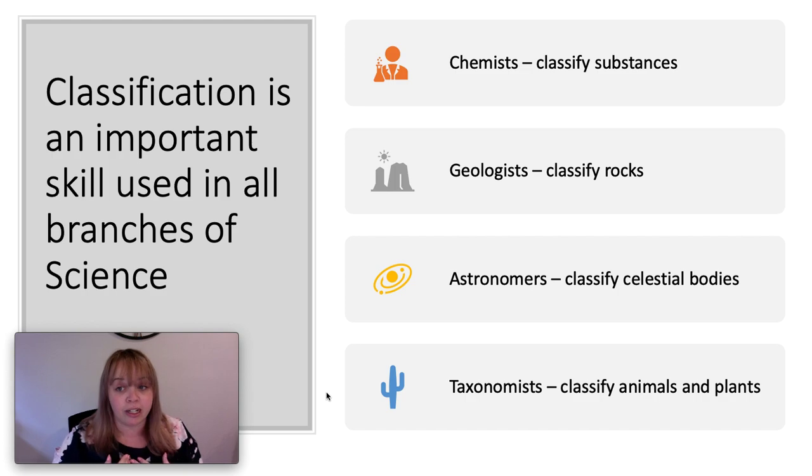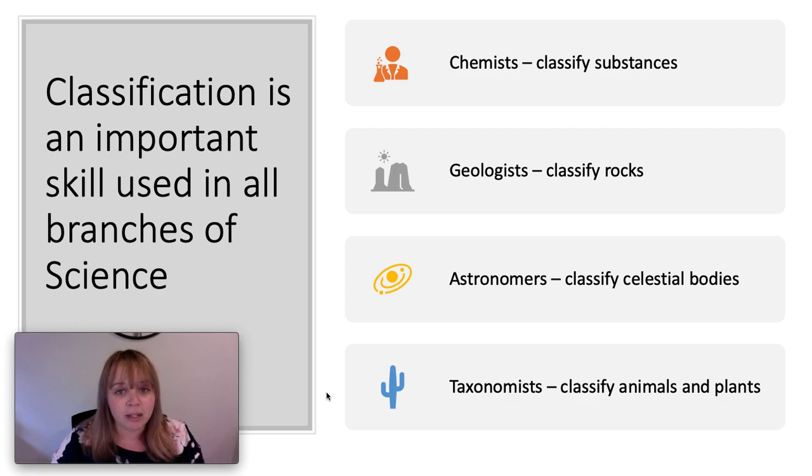Astronomers, like we've done before, classify celestial bodies. So whether or not something is a star or a planet or a comet or a meteor or an asteroid, that is a form of classification. Now the last one, and this is what we're about to become, what we call a taxonomist.